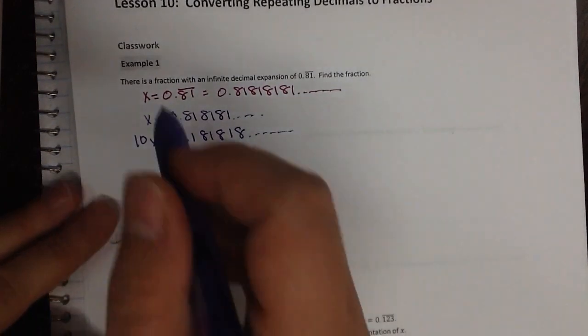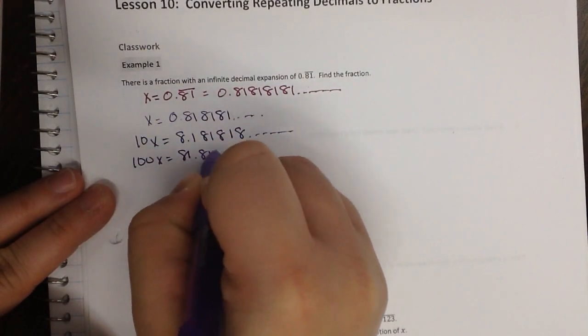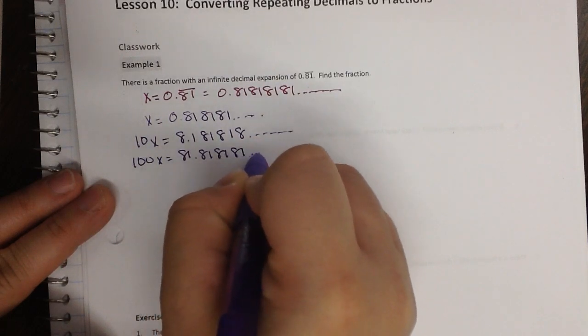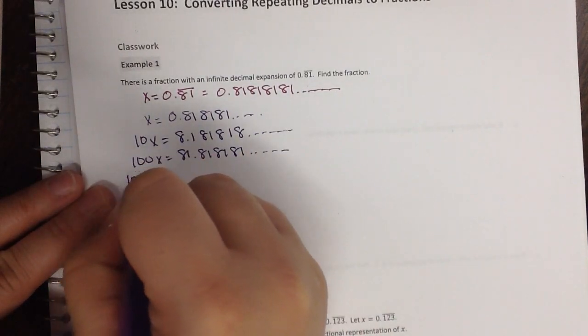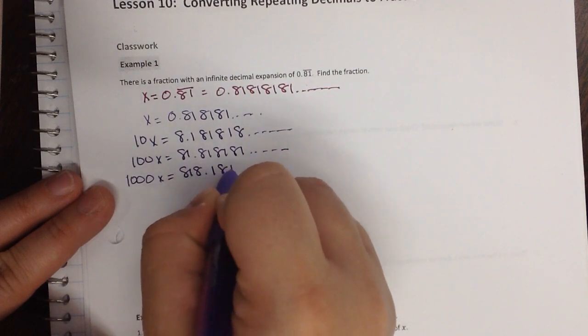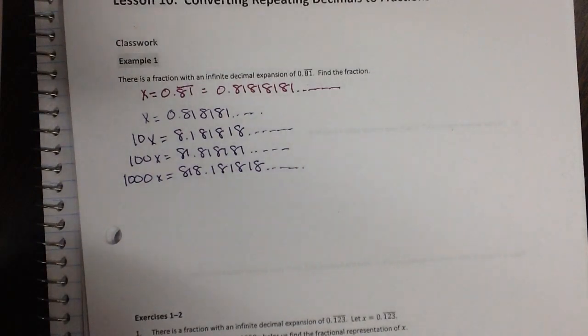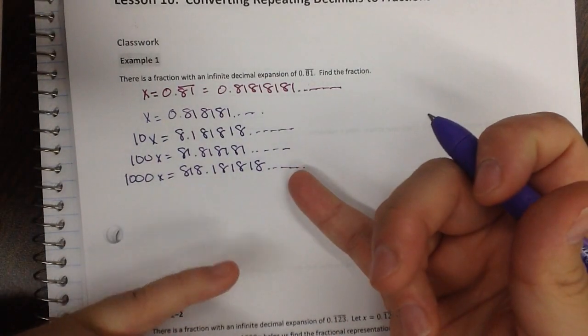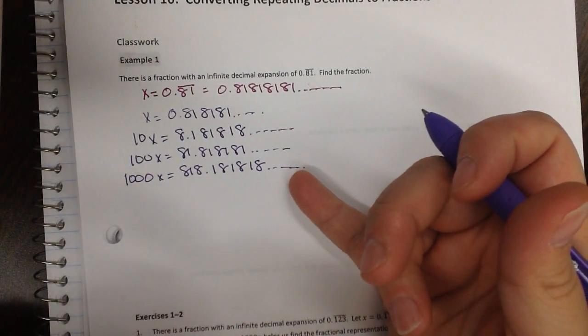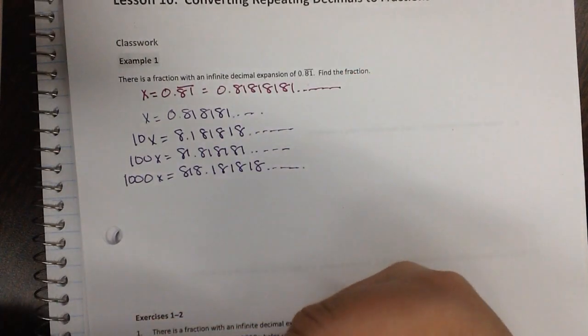If I multiply by 100, I get 81.818181 repeated. 1,000x will be 818.181818 repeated. So this is kind of what we're looking at.